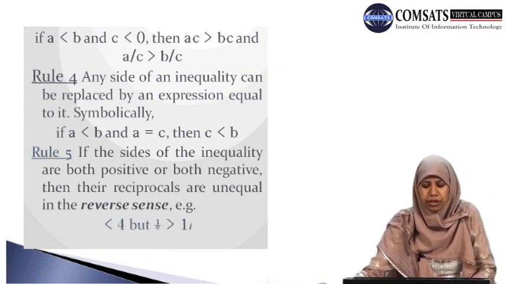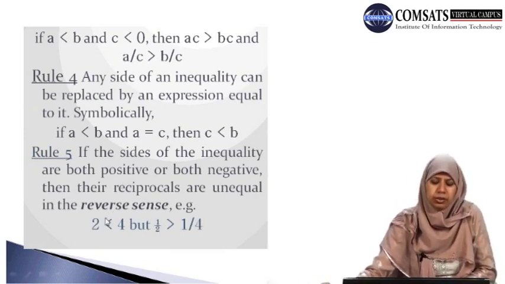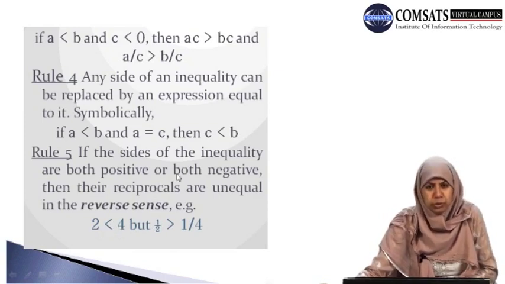symbolically. For example, if we have one inequality, 2 is less than 4, we can see both sides of the inequality are positive, or if both should be negative, then their reciprocal. What do we mean by the reciprocal? The reciprocal of 2 is 1 by 2, and the reciprocal of 4 is 1 by 4.